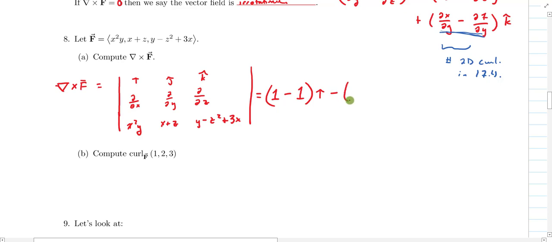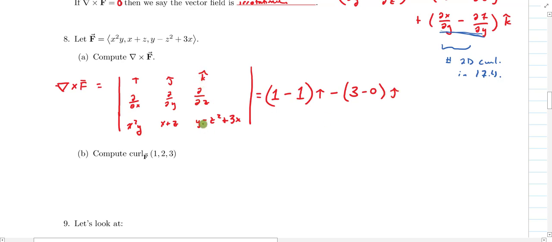Minus, from the formula, then we're going to expand along this row and column. So for this minor here, we'd have partial, partial x of this function right here, which is 3, minus the partial derivative of this function with respect to z. So that's 0 j hat.